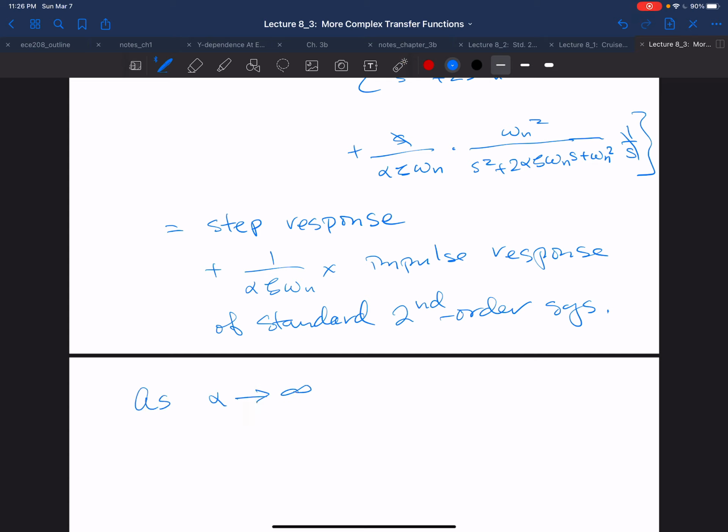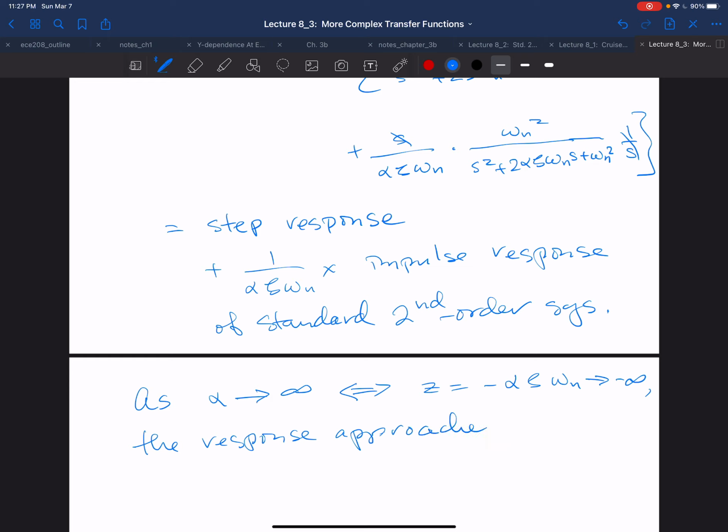So as alpha goes to infinity, in other words, as the 0 at minus alpha zeta omega n goes to minus infinity, the 0 moves off to the left, the response approaches that of the standard second order system.